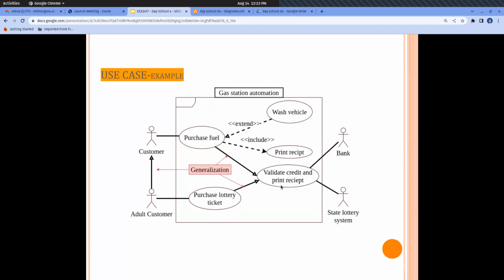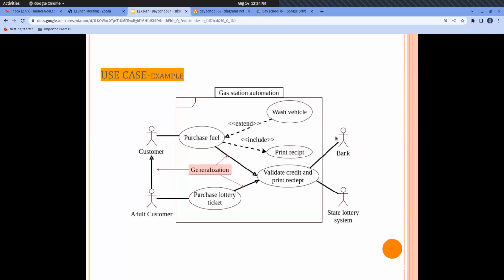Validate credit and print receipt. When you buy any of these things, you should pay. Suppose we are paying by credit card. The bank is involved in this validation process.